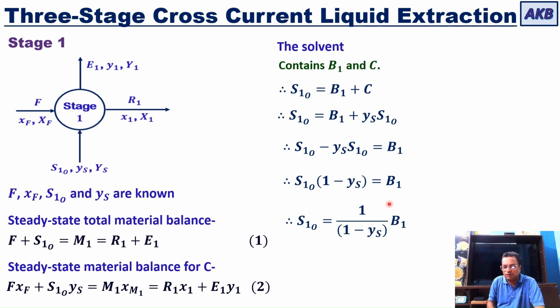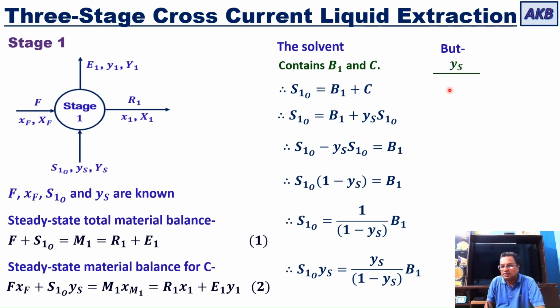And if I bring this term on this side, it will be S10 is equal to 1 upon 1 minus Ys into B1. Then when I multiply on both the sides with Ys, it will be S10 into Ys, that is equal to Ys upon 1 minus Ys into B1. But Ys upon 1 minus Ys is capital Ys.